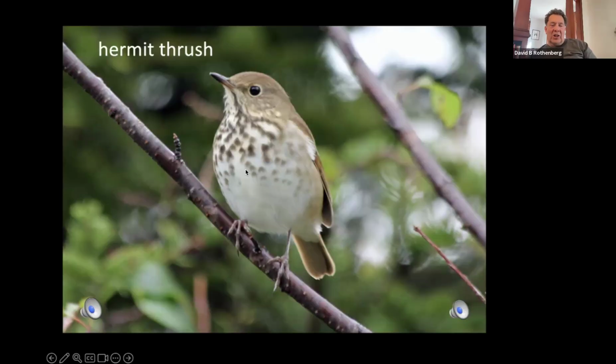So the hermit thrush looks a lot like the veery. It's more famous. Its song is like this. A lot has been written about this bird by T.S. Eliot, Henry David Thoreau, John Burroughs, and these naturalists and poets talked about this as the ultimate bird music in the New England woods.